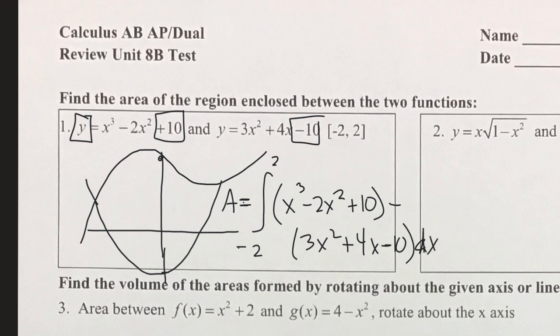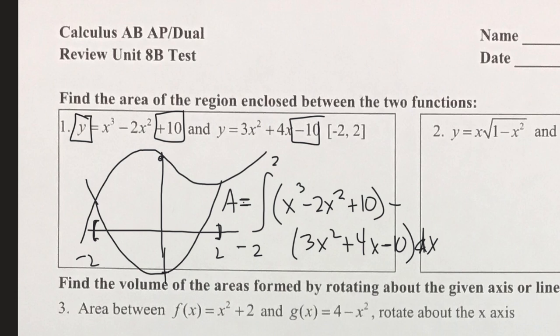When we're finding the area between two curves, we're looking for their points of intersection. So we're just going from -2 to 2, whether they intersect there or not. I believe they do probably intersect at -2 and +2.